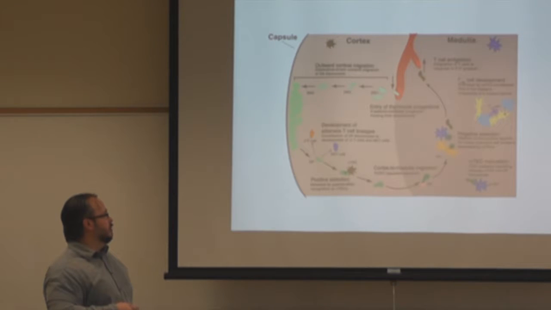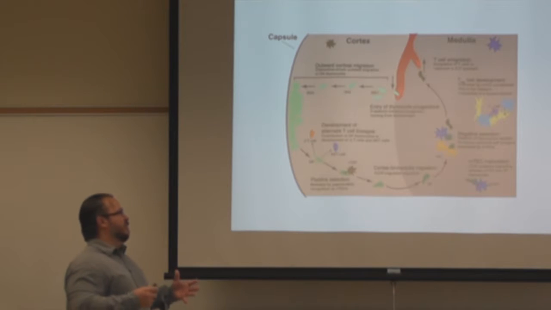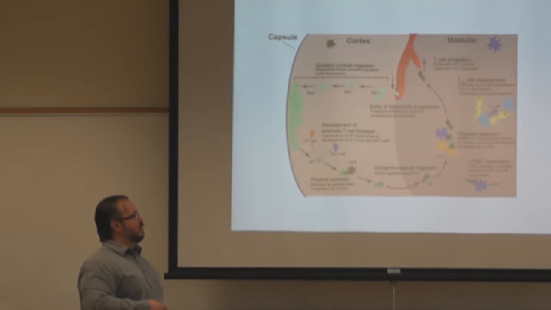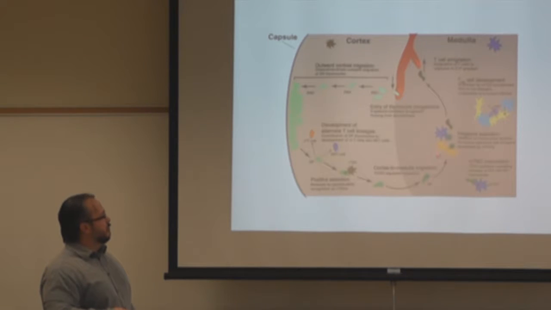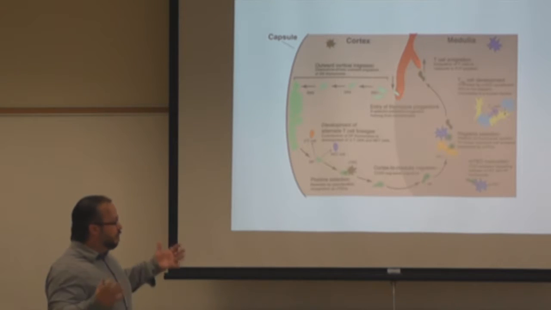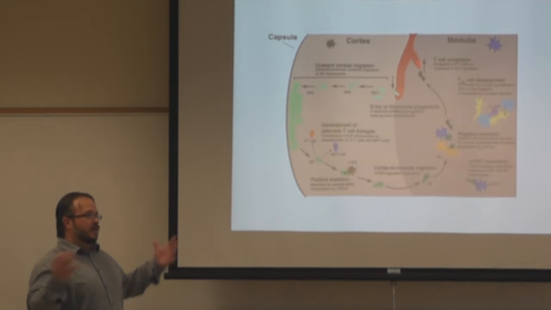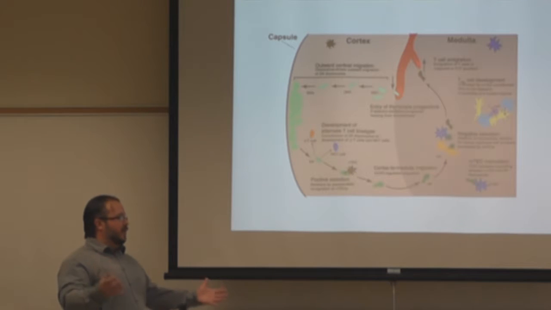And now it's going to go through negative selection, where if it sees antigen and binds very strongly, it's going to be deleted. Once it has gotten through this selection process, it goes off into the periphery. It's going to circulate through the blood and the lymph, back through the blood and lymph, and just do that circuit until it finds its cognate antigen or until it dies.